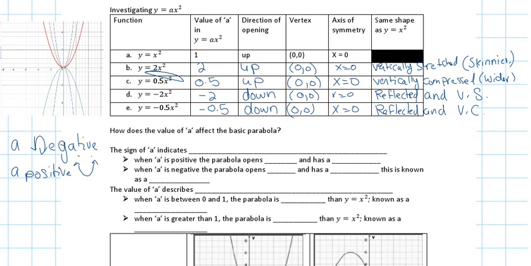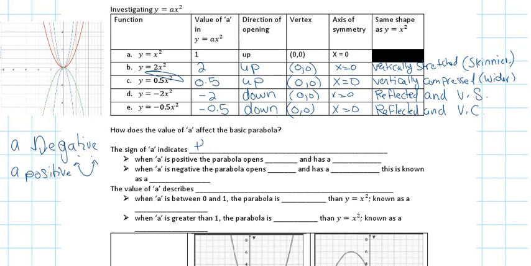All right, now, let's put it all together. The sign of A indicates what? The direction of opening.